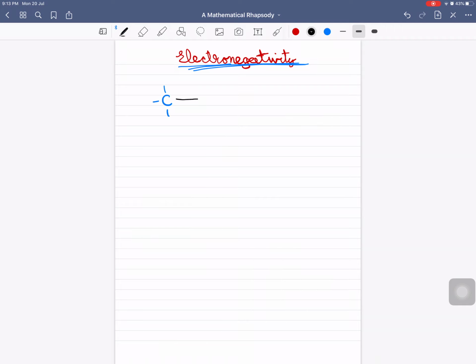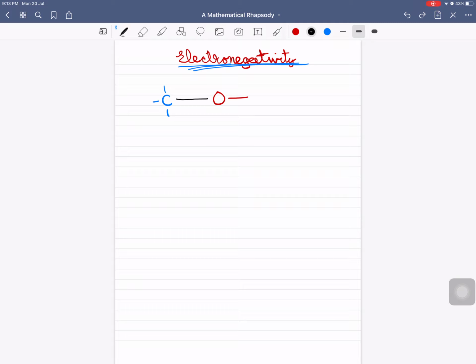Let me do this in black. And this is oxygen. Right. So oxygen will of course have 2 bonds. This is one and this is another. Carbon will have 1, 2, 3, 4 bonds. Right? Okay. Now let's look at what happens to the electrons here.